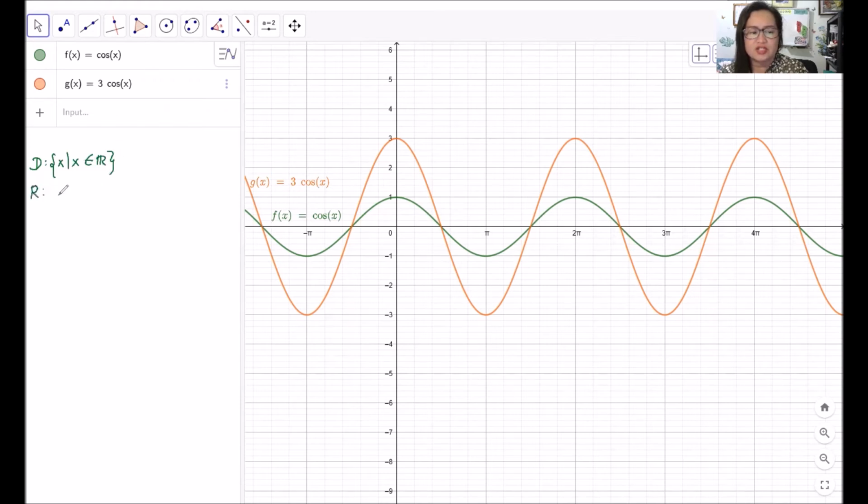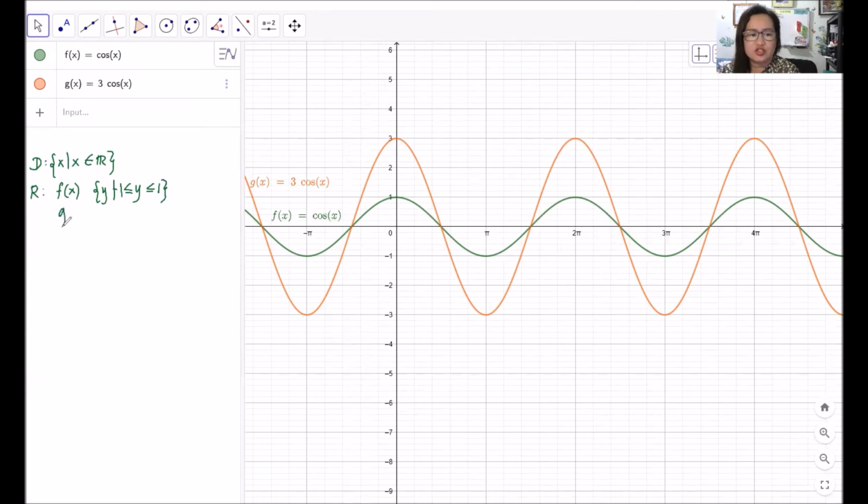Then for the range, for f of x, the range would be the set of all y's, such that y is greater than or equal to -1, but less than or equal to +1.